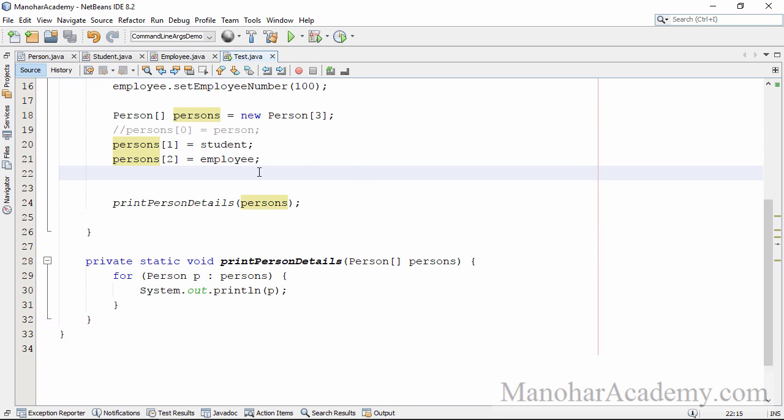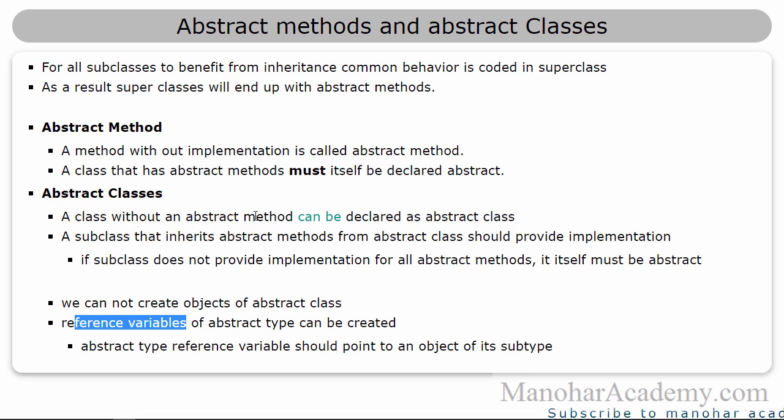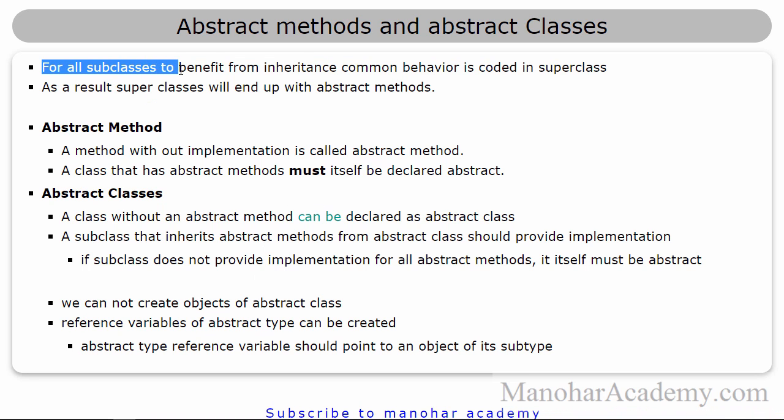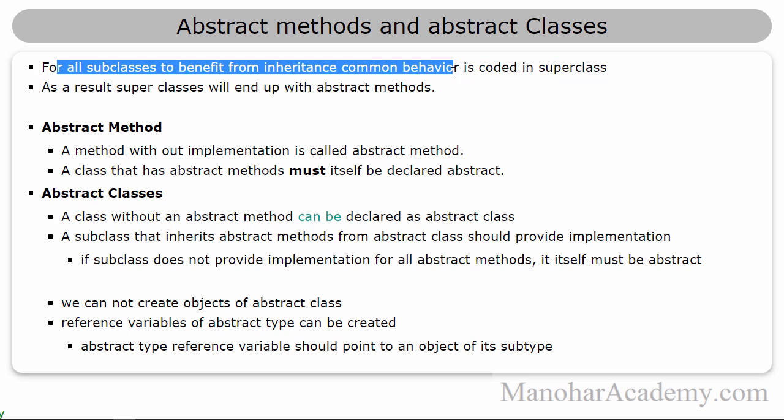That is okay. Okay, let's go to the PowerPoint presentation again and let's recap. I'm just going to read the points because we already saw them in the IDE. For all subclasses to benefit from inheritance, the common behavior, that is something like getOccupation, is coded in the superclass.